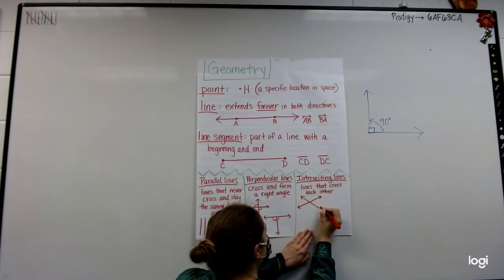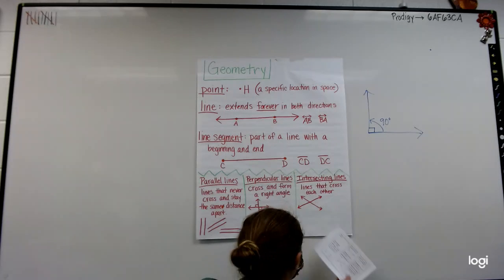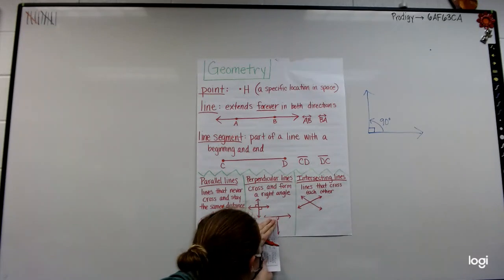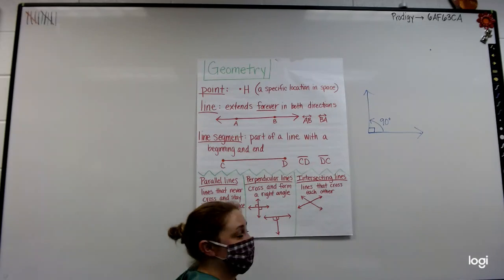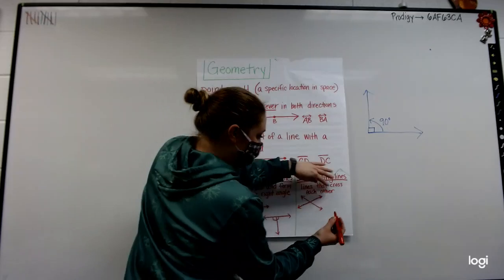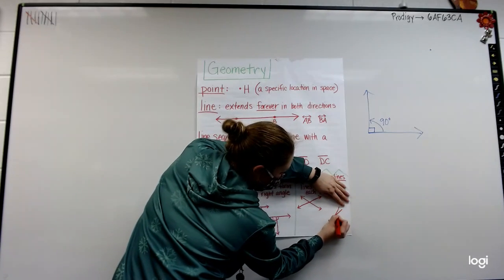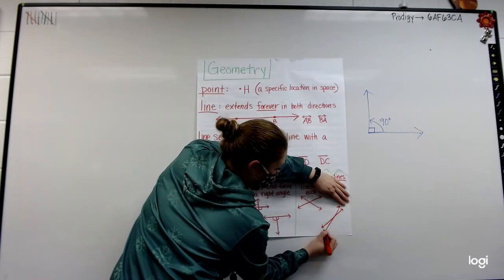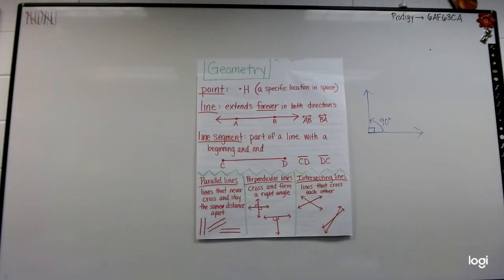Okay, you see how those lines cross? But I could not take a piece of paper and stick it in this corner and match up. It's not the same. This one, yes. This, no, those are not right angles. So intersecting lines, lines that cross in any way, they could even be so close together that it's hard to even tell they're crossing. Okay? So you can draw a couple different types of intersecting lines, but they are lines that cross.